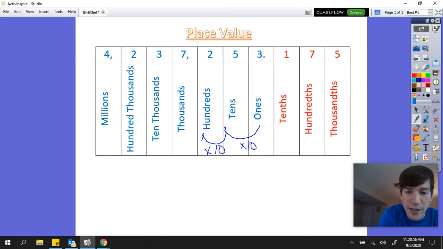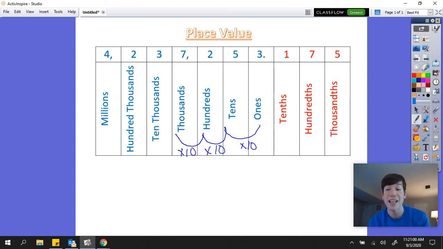And if we say the hundreds to the thousands is also 10 times bigger, then going from the ones to the thousands would be like multiplying 10 times 10 times 10, which is 1,000. That means it takes 1,000 ones to make 1,000. So anytime you jump one place value, you're multiplying by 10.